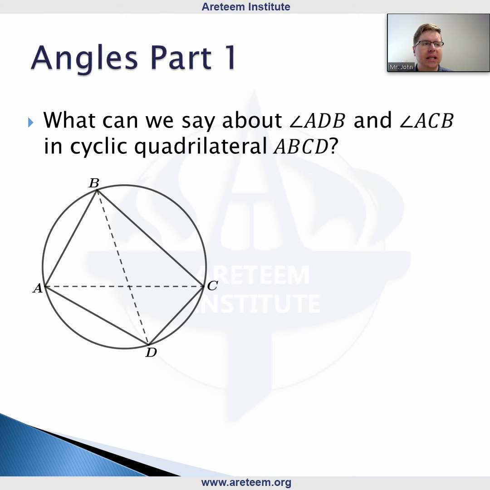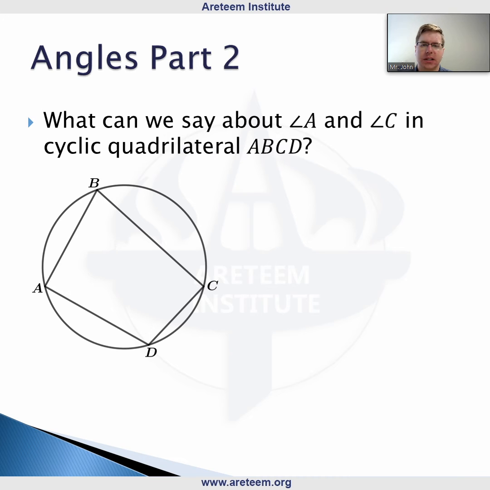Now let's do something similar with other angles in this case. So what can we say about angle A and angle C in this cyclic quadrilateral? So now again, we have two angles in this case. So we're looking in this example at angle A and angle C. So we have our two angles there.